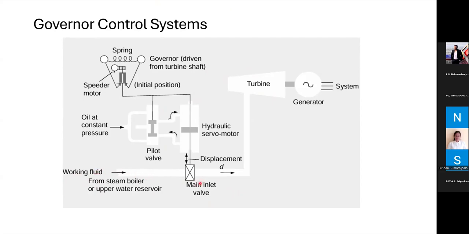I'll use this example for our hydro case to make it clearer. Up to here, you have the main inlet valve coming in with the water. In this one, we actually have an incorrect word here, the main inlet valve. It is not correct. It will be the wicket gates.